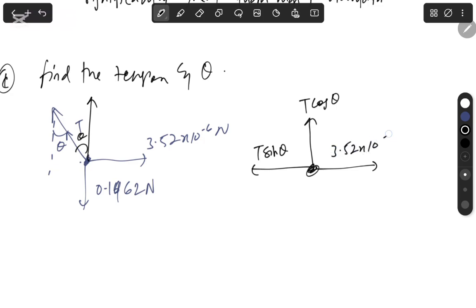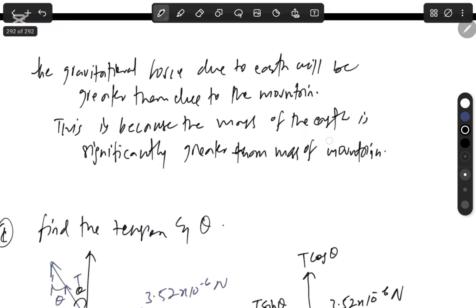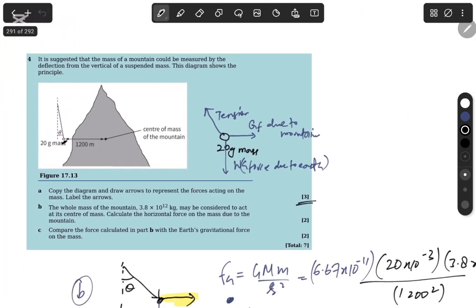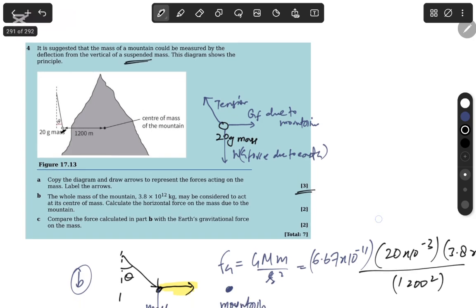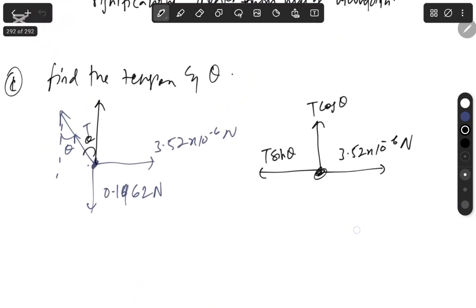This horizontal force is 3.52 times 10 to the power of minus 6 newtons. I'm going to assume that it's in equilibrium, since the mass is suspended. And this vertical force here is going to be 0.1962 newtons. So the horizontal and the vertical forces are balanced because it's suspended and in equilibrium.